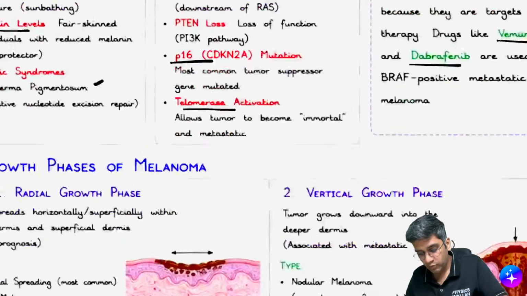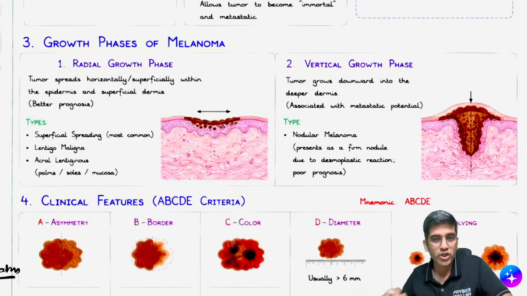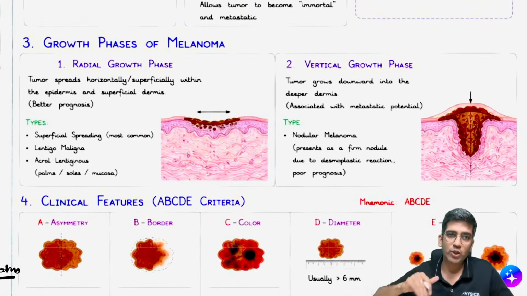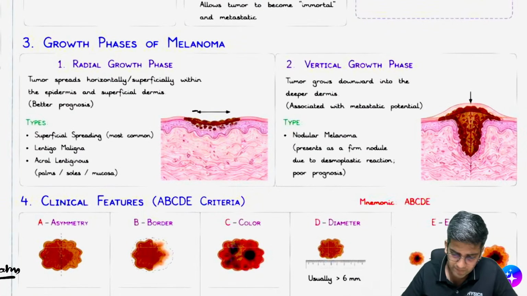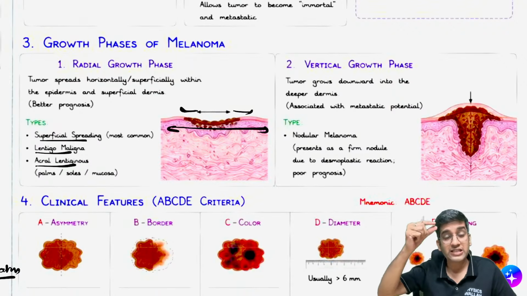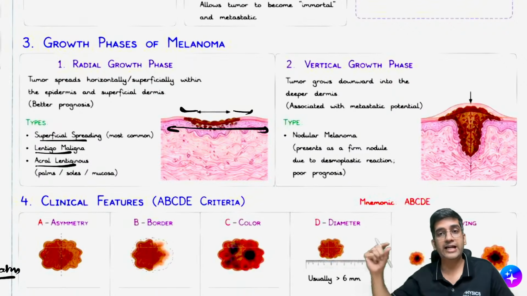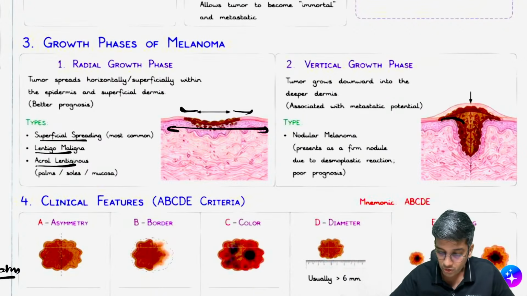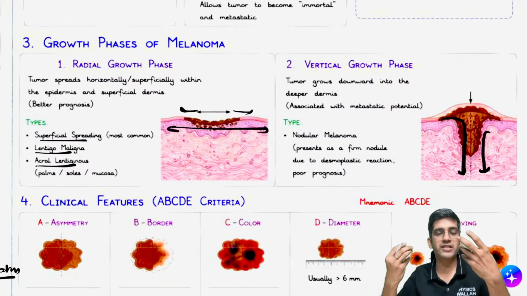In melanoma, I have two types of growth phases: a horizontal radial growth phase or a vertical growth phase. In the radial growth phase, the tumors grow mostly towards the surface. Superficial spreading, lentigo maligna, and acral lentiginous are the subtypes of melanoma that have a predominantly radial growth phase. When it grows deep, vertically into the dermis, obviously you'll have a desmoplastic reaction.